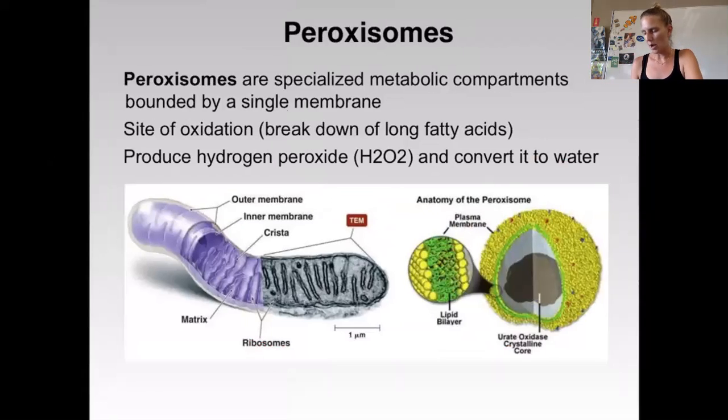Okay, then we have peroxisomes. Peroxisomes are my least favorite organelle. Don't tell people that love peroxisomes. I don't really care about them. They're specialized compartments. They have a single membrane around them. They are for the breakdown of fatty acids, and they can produce hydrogen peroxide and make it into water with a specific enzyme.